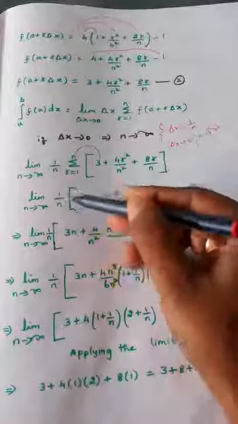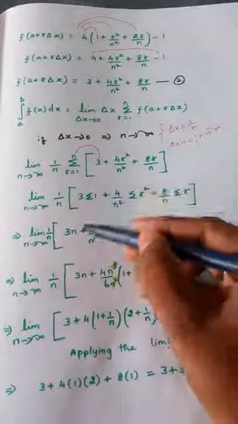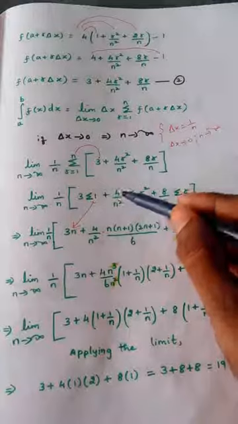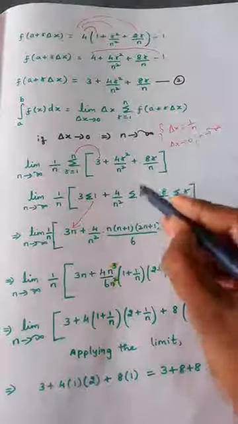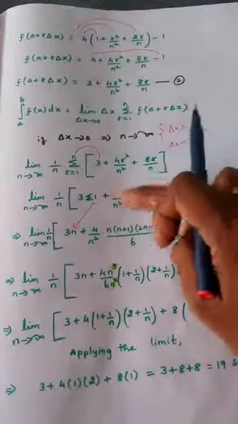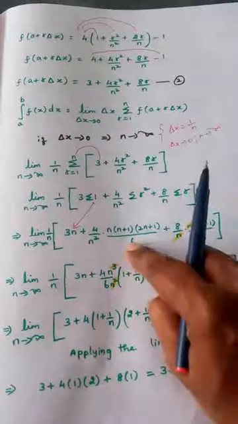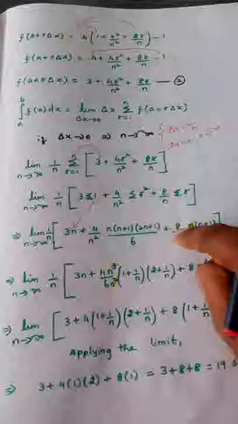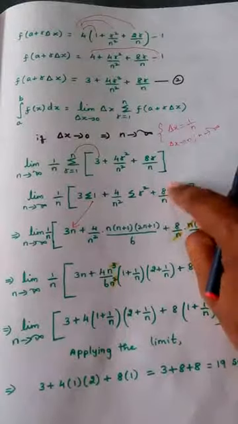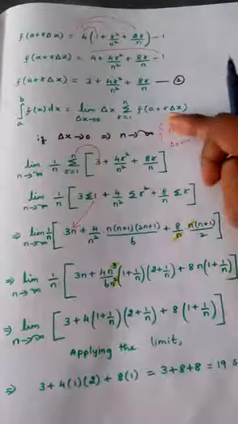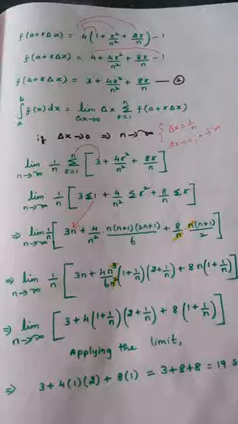So 1 by n, 3, we know very well sigma 1 value is n, right? Sigma 1 means n. So plus 4 by n square, sigma r square. This is nothing but the sum of squares of the first n natural numbers. The formula is n into n plus 1 into 2n plus 1 by 6, plus 8 by n. This is the sum of the first n natural numbers, n into n plus 1 by 2. So everything is based on two things. One is this formula and the other one is the 10th standard formulas, sigma n square, like that.